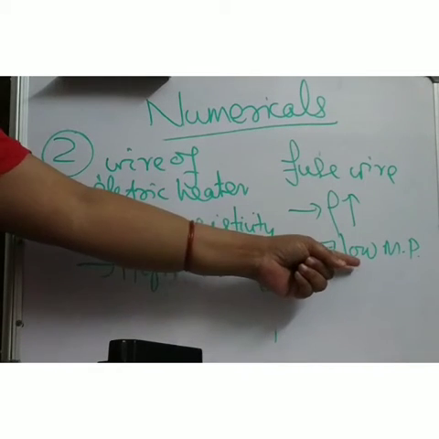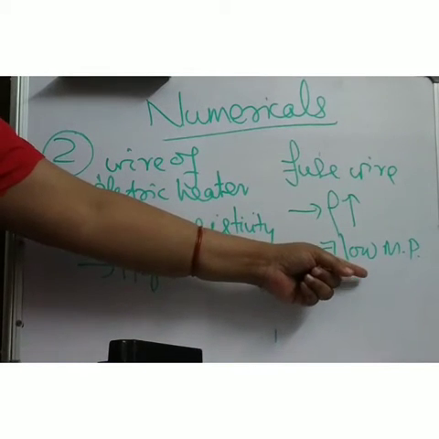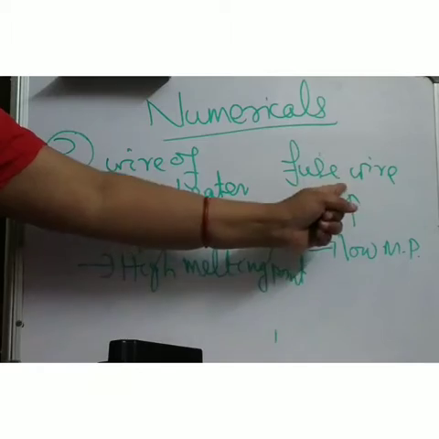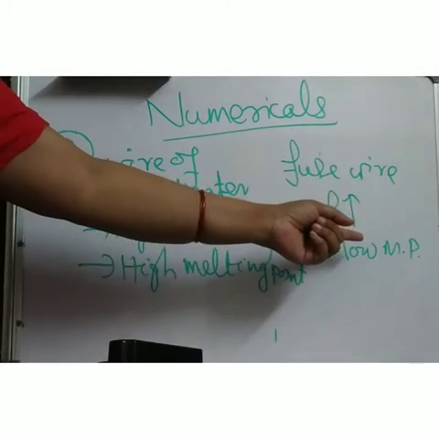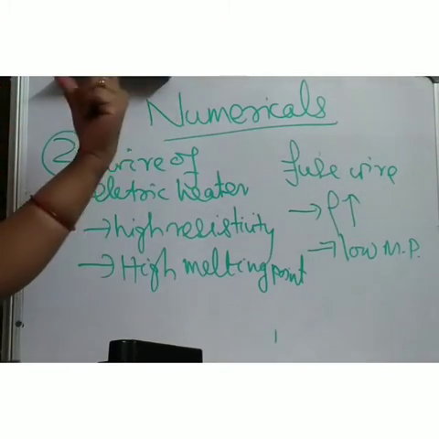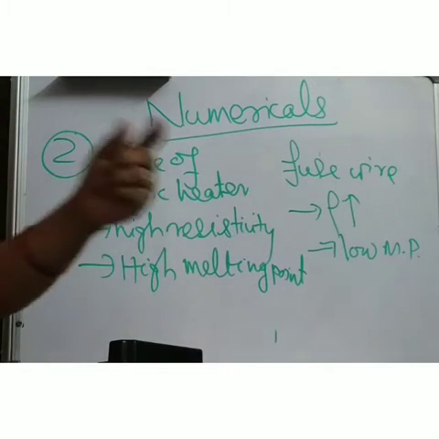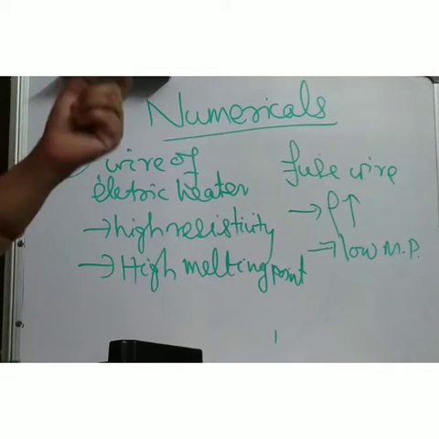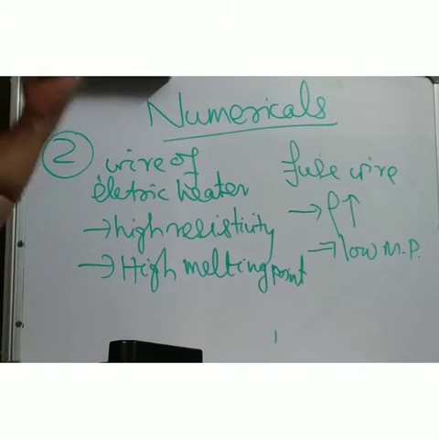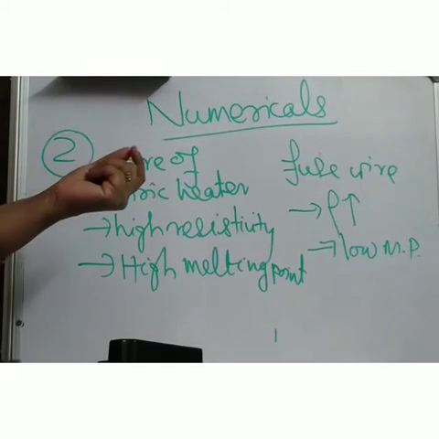What will happen if the melting point is low? This fuse wire is actually a safety device that is connected in series with the live wire circuit in a house or in any offices.